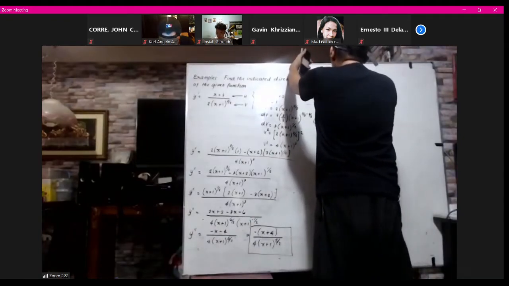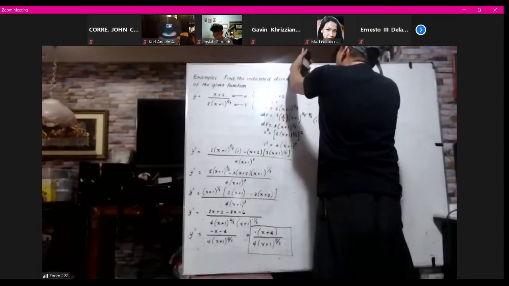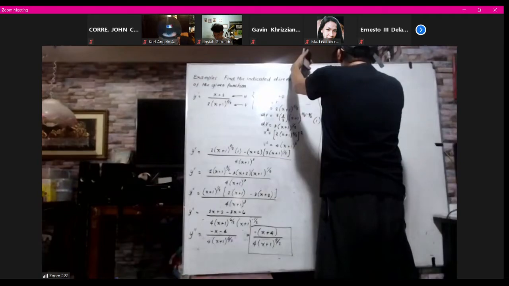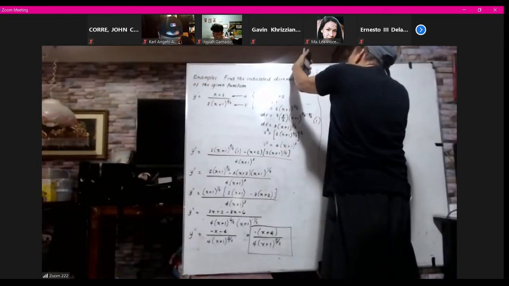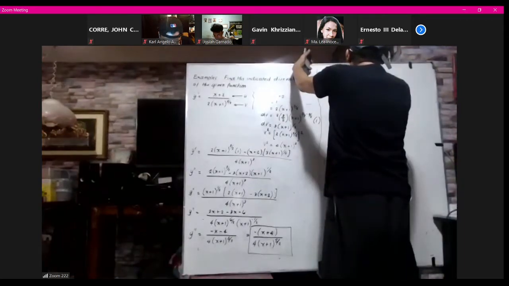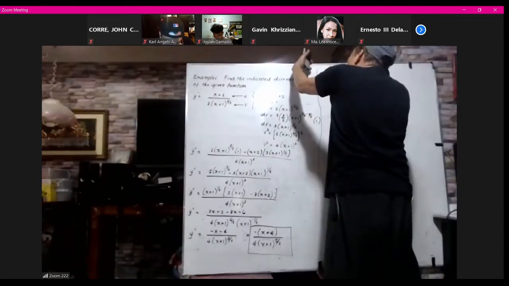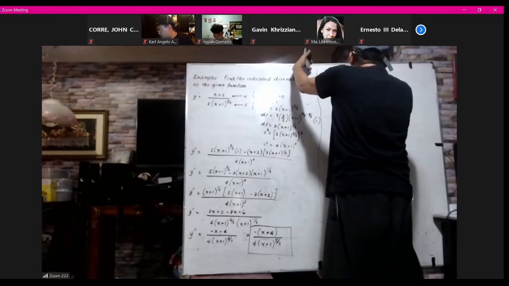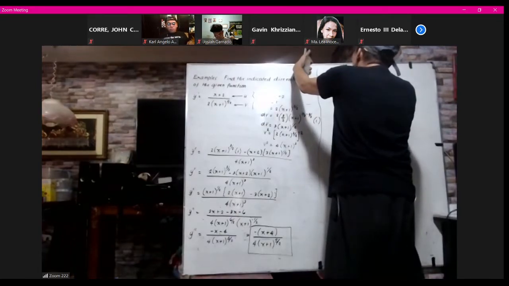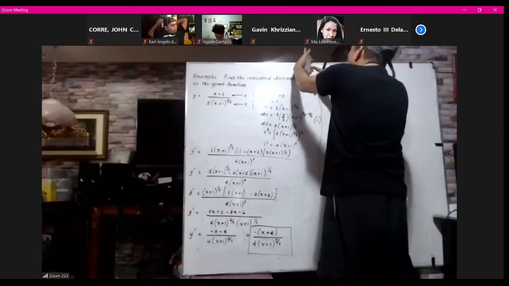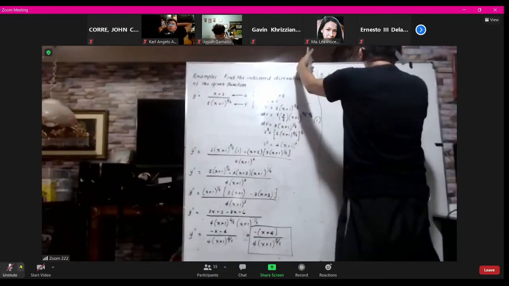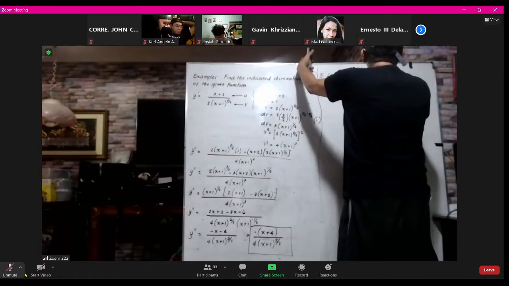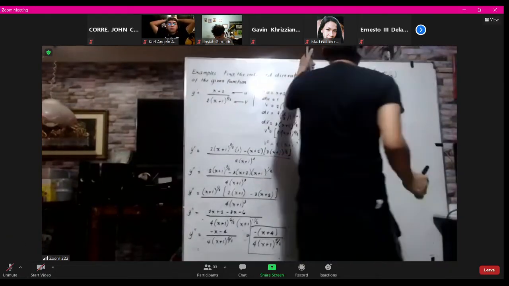So function of x equals x plus 1 squared times 2 minus x cubed. Okay. Ang hinahanap dito yung second derivative ng function of x. Ayan.